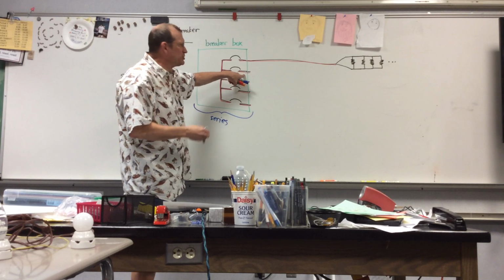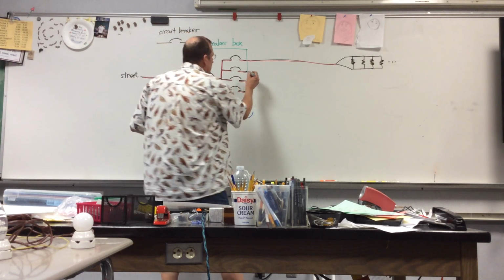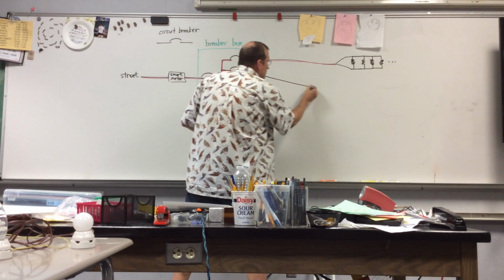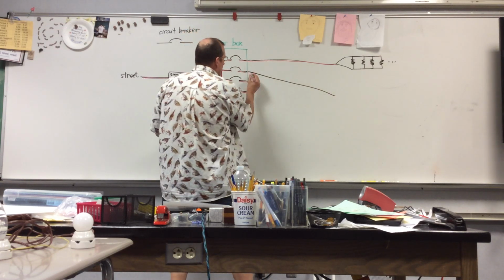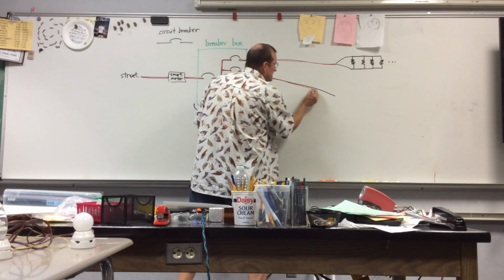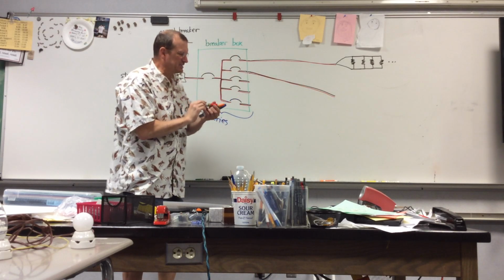Now, if this went to another part of the house, this would then go out, and again, it would look like a single wire, but it has multiple wires inside of it.